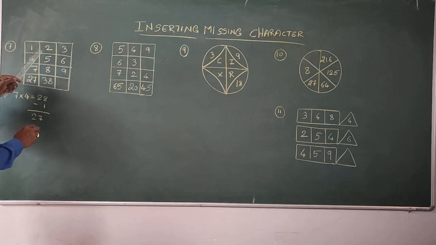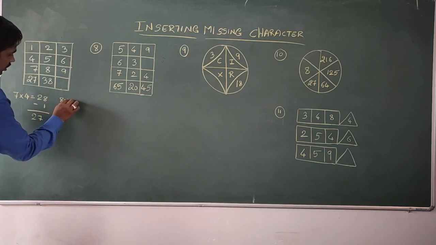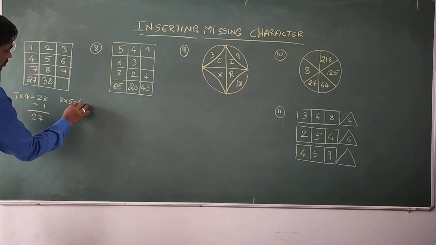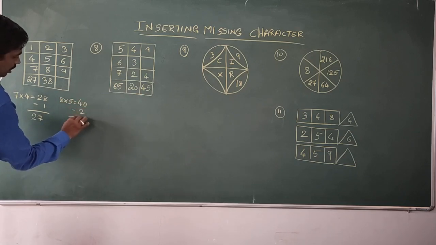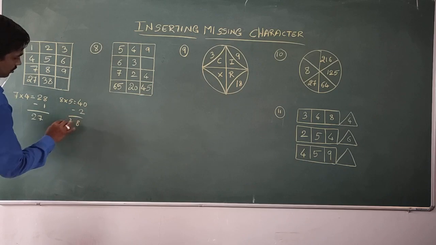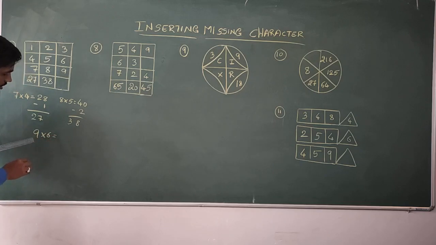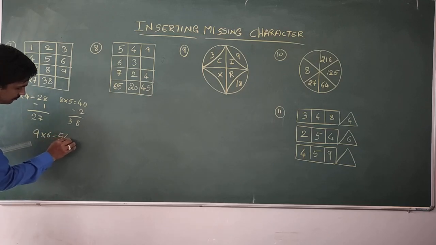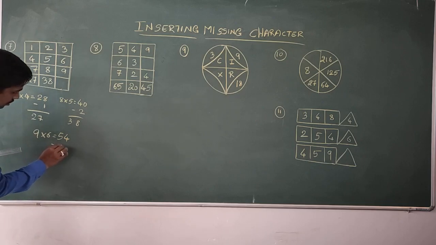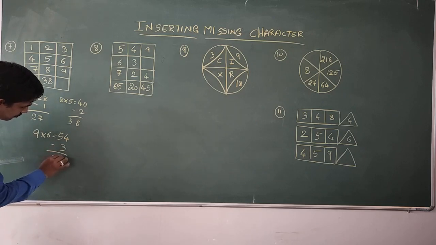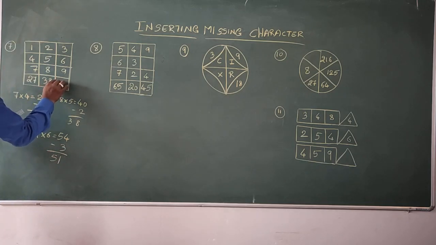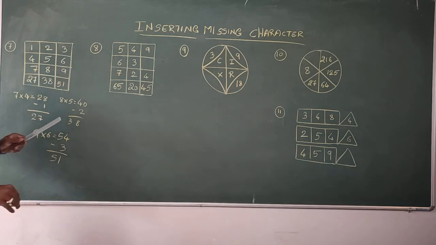Then for the next number, we multiply these two and subtract this one. 8 into 5 is 40, minus 2 is 38. In the same way, 9 into 6 is 54, minus 3 is 51. So our answer is 51.